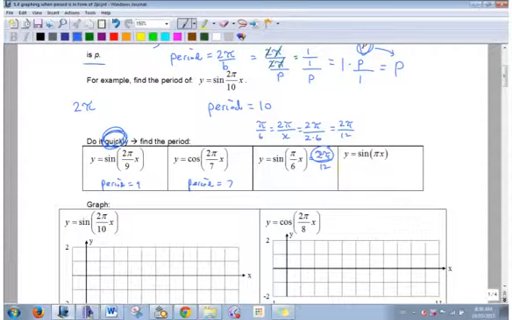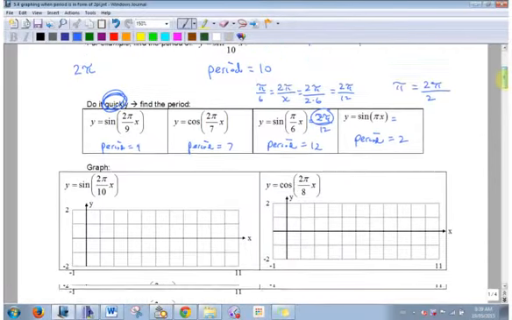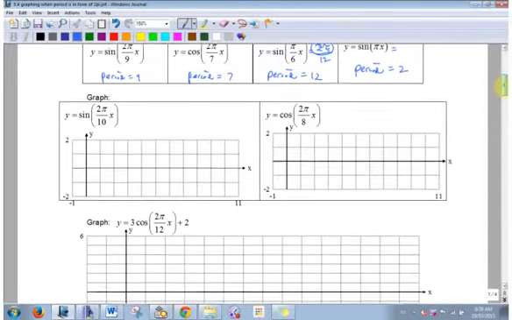If it's 2 pi, the thing on the bottom is the period. So my period is 2. Those are nicer to graph because we all hate fractions.